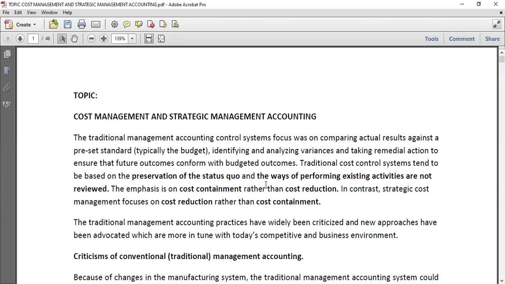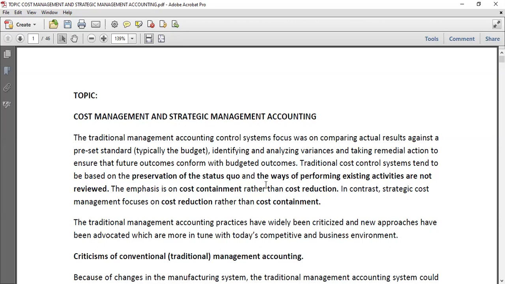So it's very good that you understand, of course, the limitations of the traditional management accounting control systems and what exactly cost management brings. Now, one of the things you need to know is that we used to have the traditional management accounting control system, which is basically comparing results with the preset standards, partly what we covered when we looked at standard variance analysis as well as budgeting.